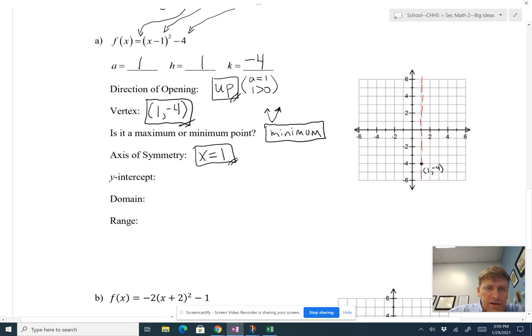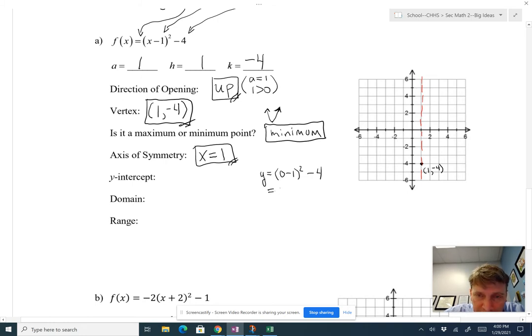All right, my y-intercept. Now, the y-intercept, as we talked about in the notes, is when you set x equal to 0. And so we're going to go over here to the side and just say y equals, go to our equation, parentheses, instead of x, I'm going to say (0 minus 1) squared minus 4. And then I'm going to evaluate this to find the value of y.